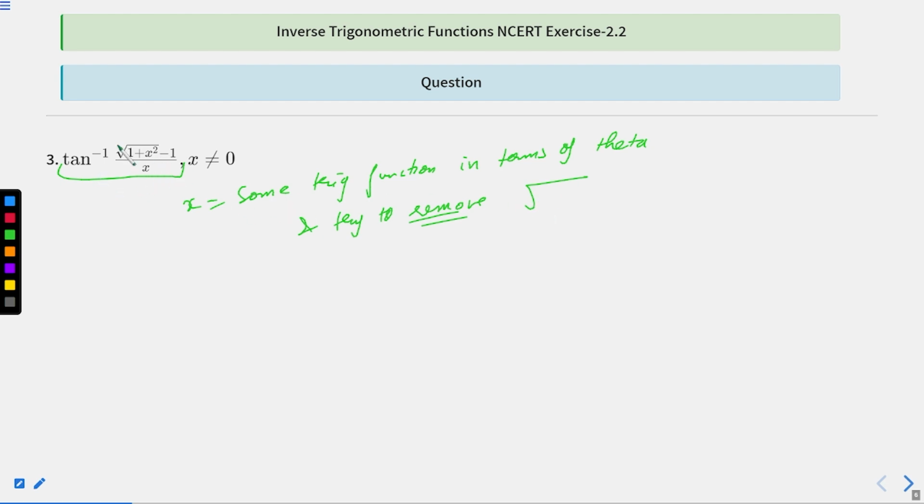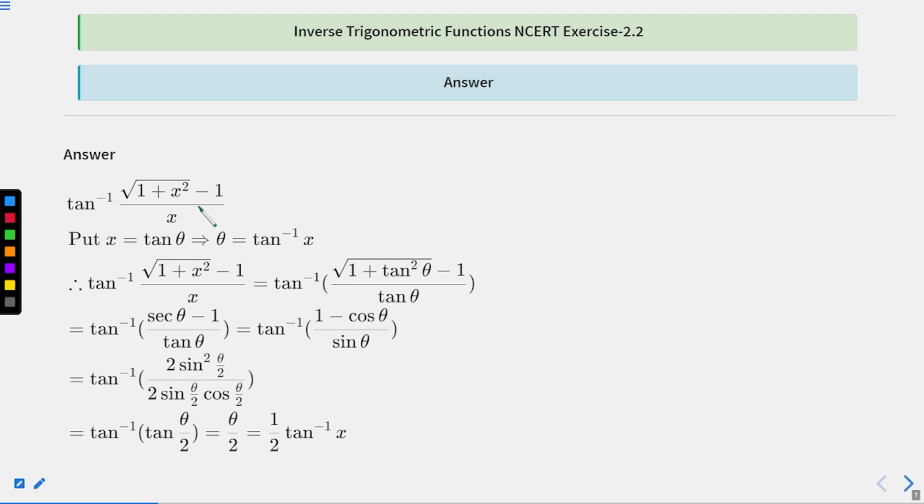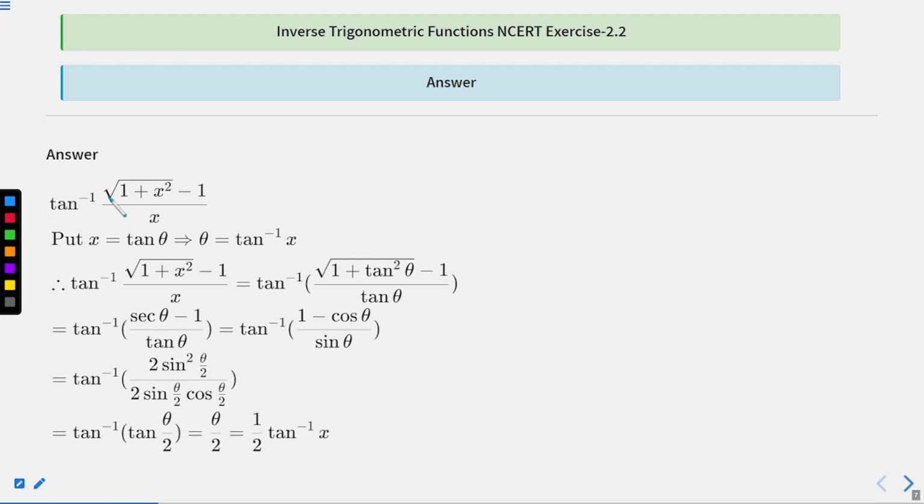In this case you can easily see that you are getting the root. So how are you going to remove it? In the root you have 1 plus x square, and we know 1 plus tan square x is sec square x. So if you put x equal to tan theta, the root will be removed.